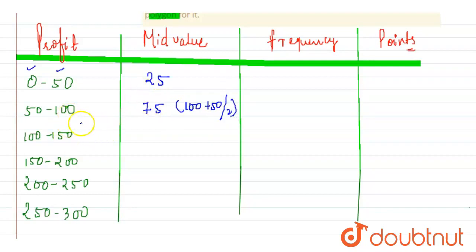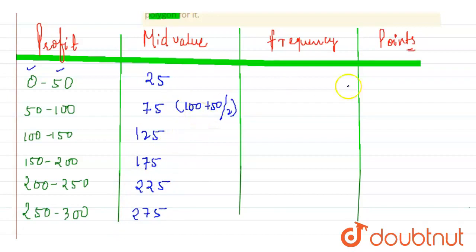Similarly for 100 to 150 you will get 125, for 150 to 200 you will get 175, for 200 to 250 you will get 225, and last we will get 275, right? So these are the mid values.